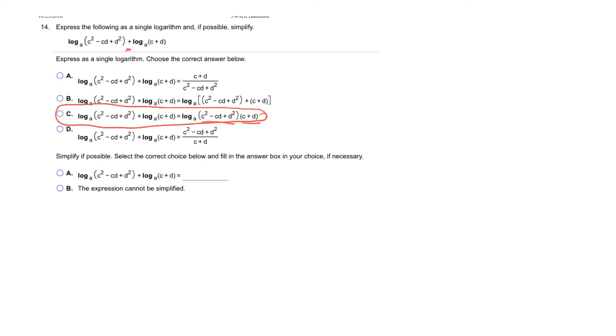Oh, okay, so I have log base a of c squared minus cd plus d squared times c plus d. So I think to simplify, they're basically saying FOIL all this stuff out.